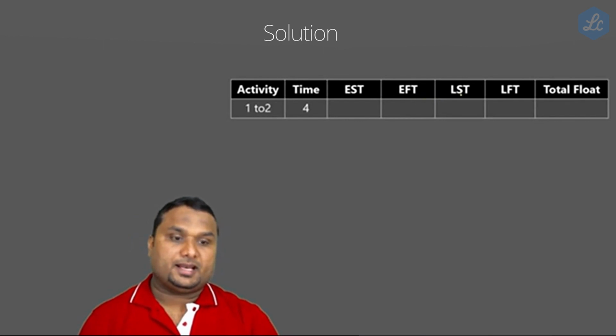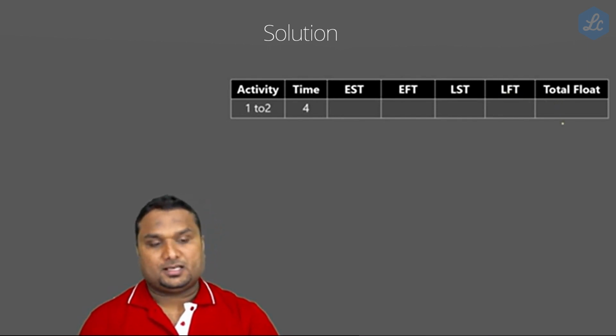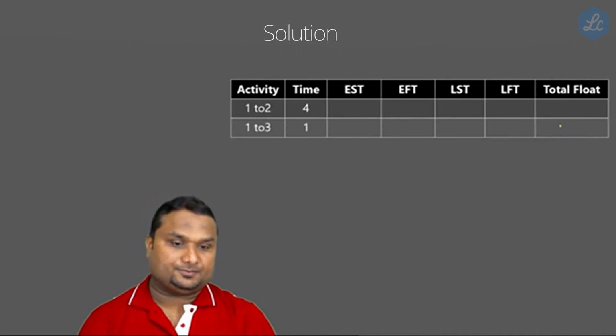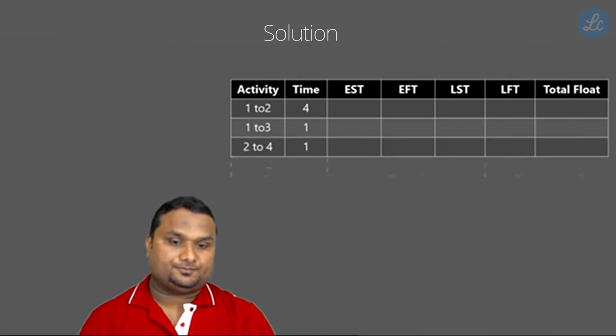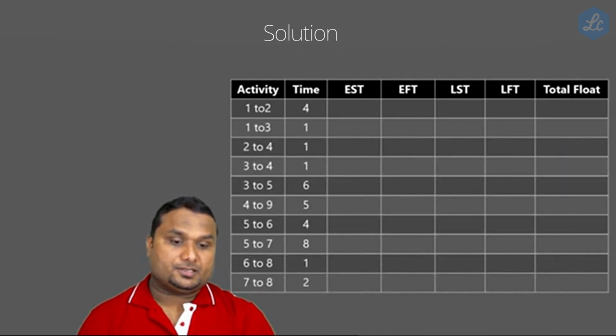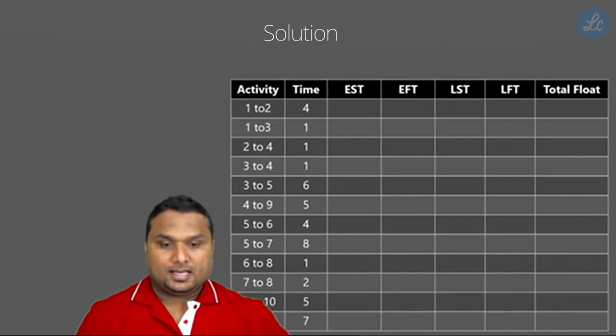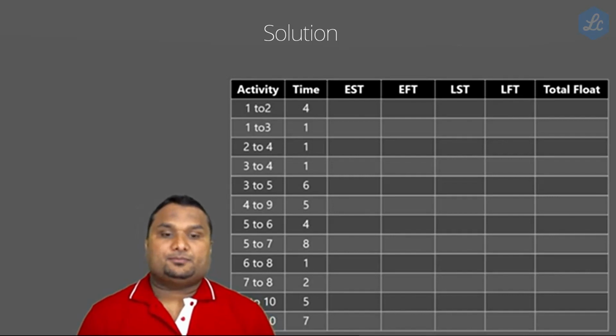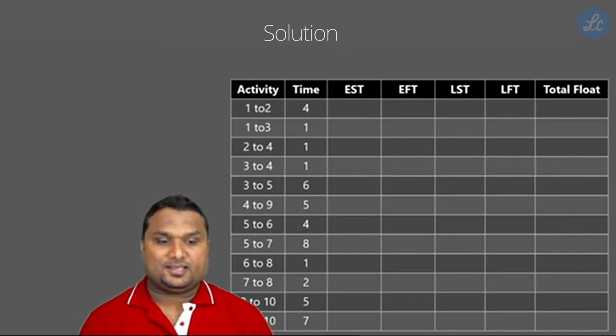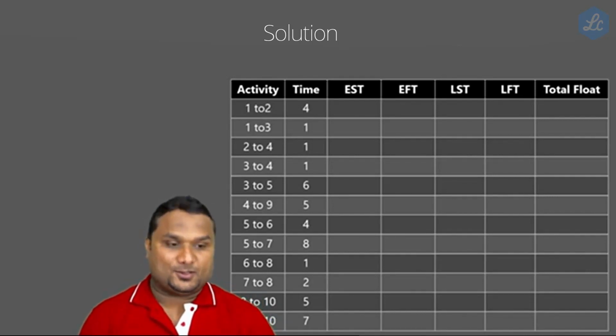Next column, LST. Next column, LFT. Next column, total float. First finish writing the headings: activity, time, EST, EFT, LST, LFT, total float.